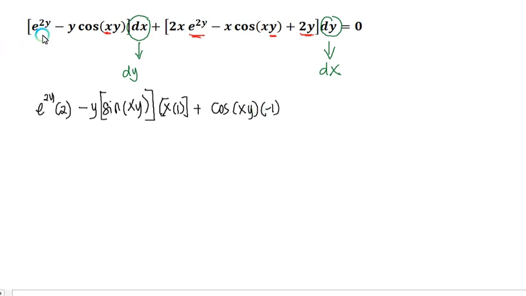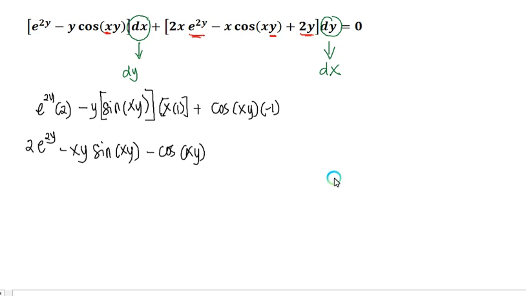Okay, simplify natin: 2e raised to 2y minus xy sine xy, then minus cosine xy. So 2e to the 2y minus xy sine xy minus cosine xy, this is our equation.